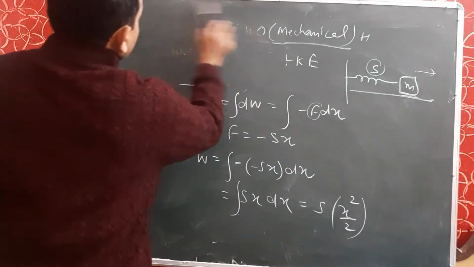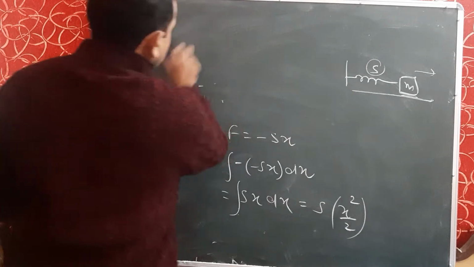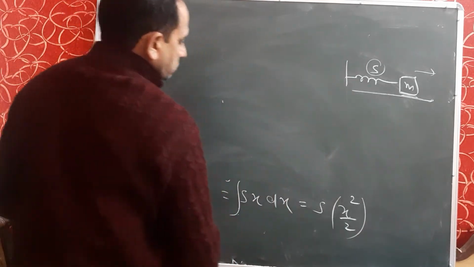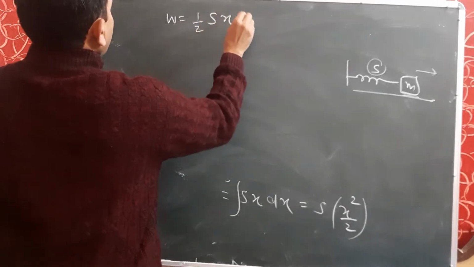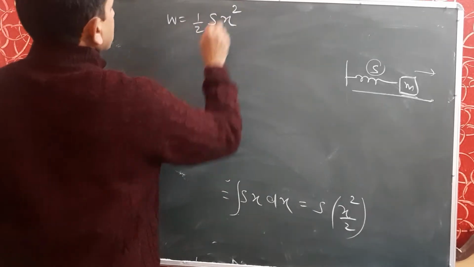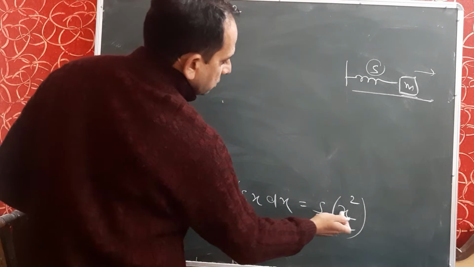So the potential energy, or work done, is equal to half Sx square.